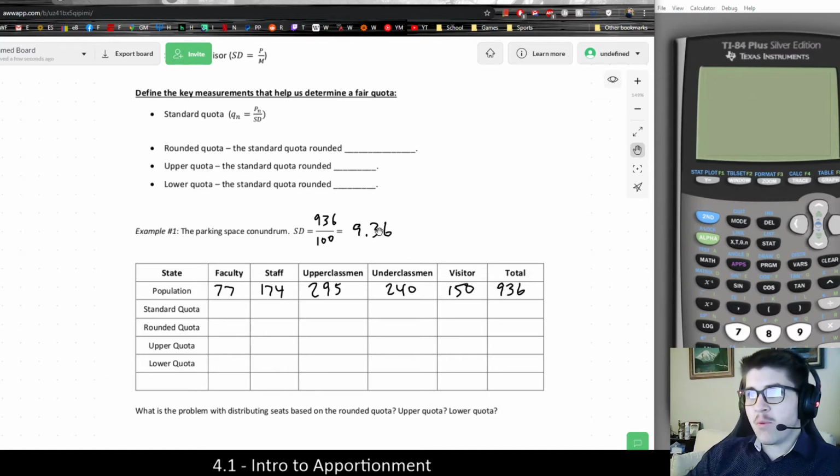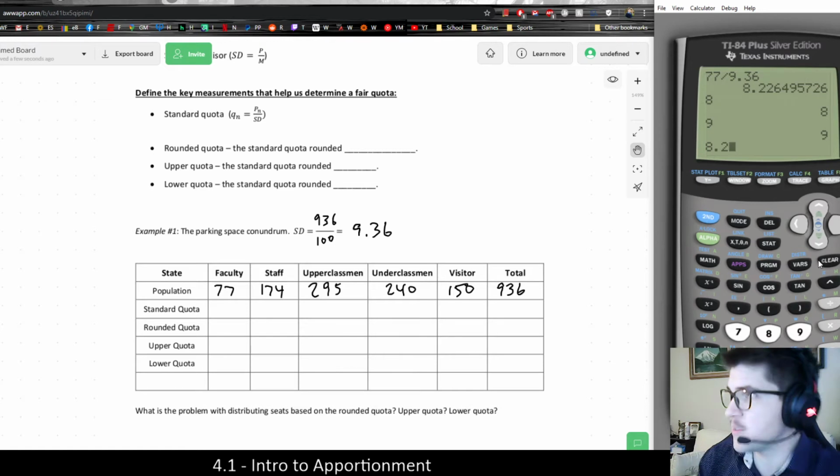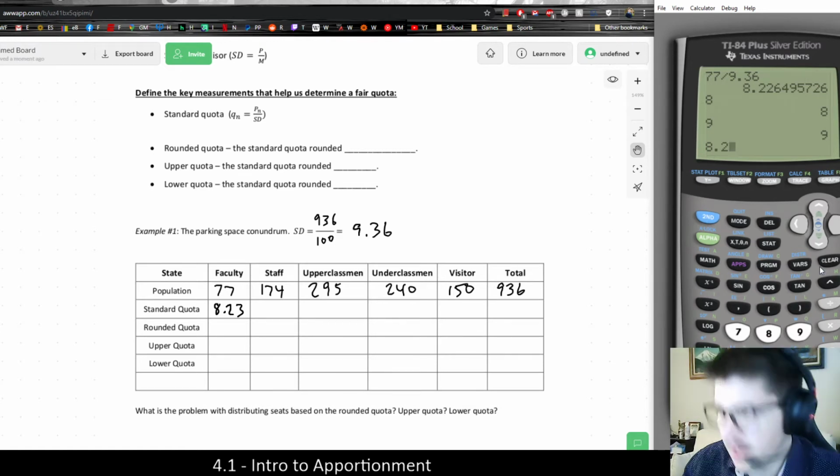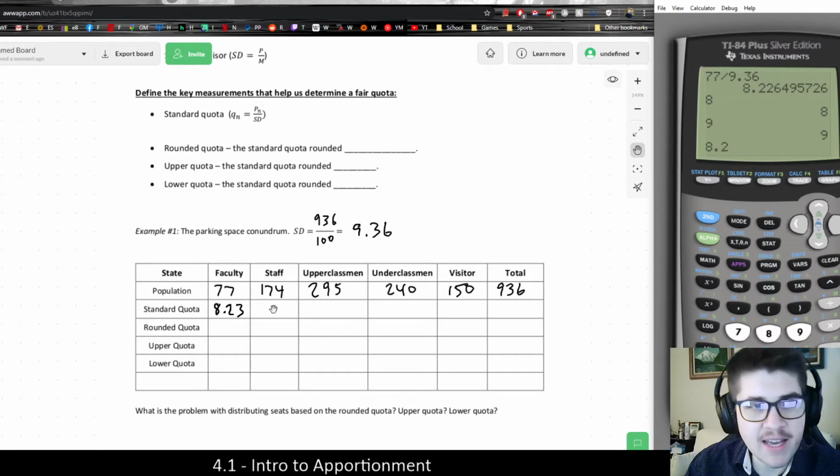Then step one is to take each individual population and divide by the standard divisor. So if we have a layout such as this, I want to divide each one of those to find the standard quota. We've already done this for the faculty members, but their standard quota was approximately 8.23. Obviously the exact standard quota is technically the exact value of the fraction.